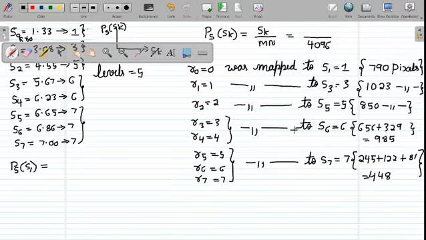So that would be 790 pixels divided by 4096. So that would be 0.19.